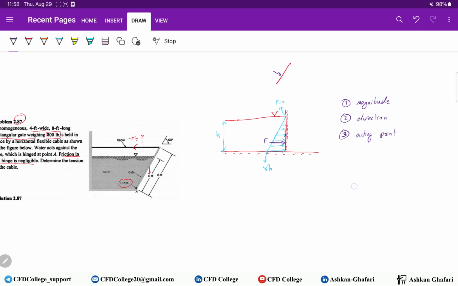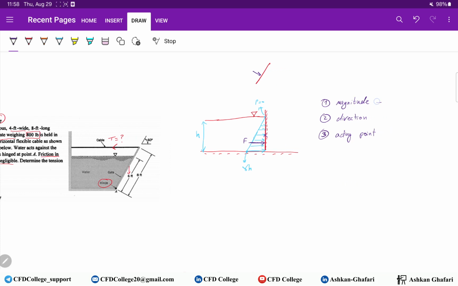The magnitude is F_R equals gamma h_C A. Gamma is the specific weight of the liquid, A is the area of the gate, and h_C is the distance from the liquid free surface to the centroid of the gate.